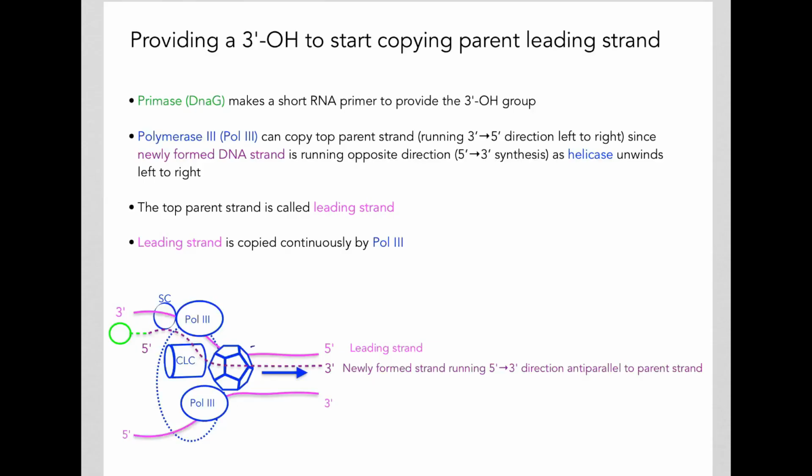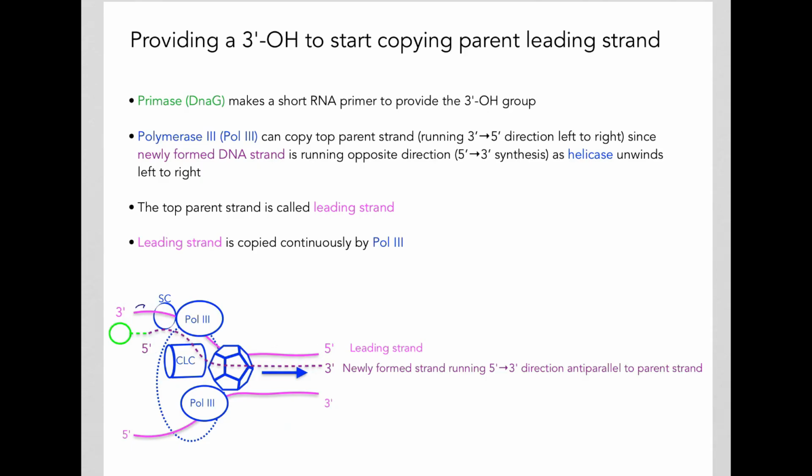So as the helicase unwinds the two strands, polymerase 3 can copy this strand running from left to right, 3' to 5', and the synthesis of the new strand from left to right is running 5' to 3'. That means the new strand is anti-parallel to the template strand. So this is all very good.